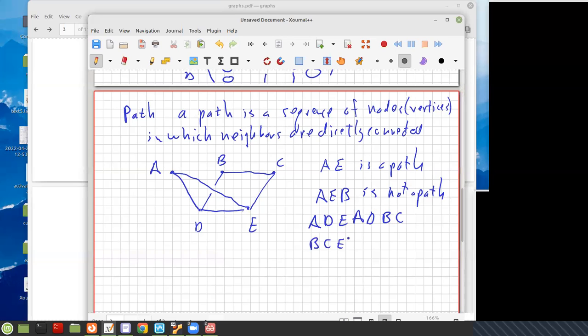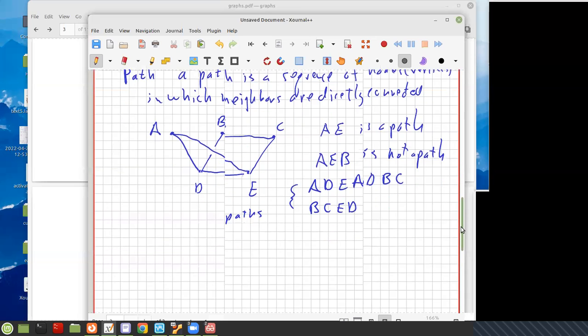B, C, E, D is a path. Neighboring nodes in the sequence have to be directly connected, so there's got to be an edge between the vertices in the graphical description of it.